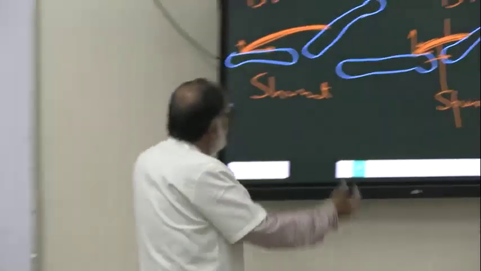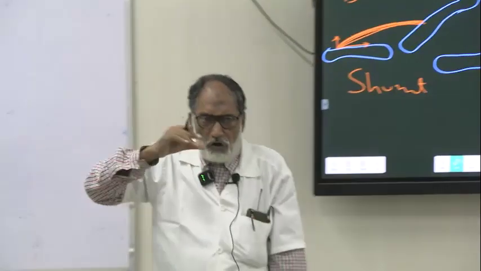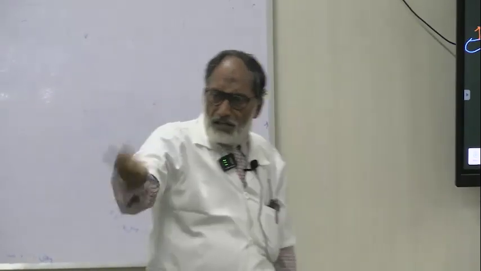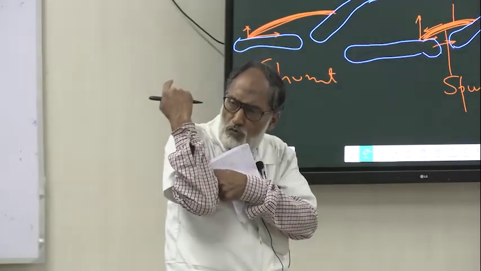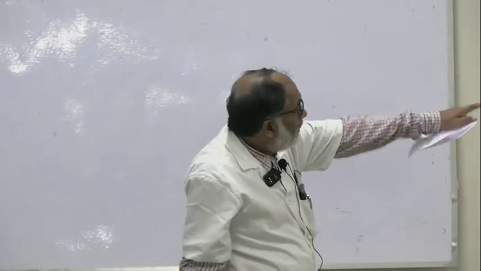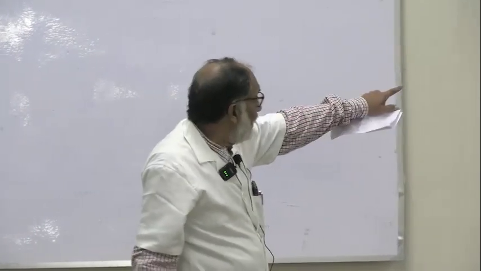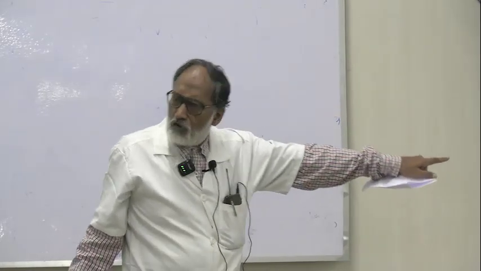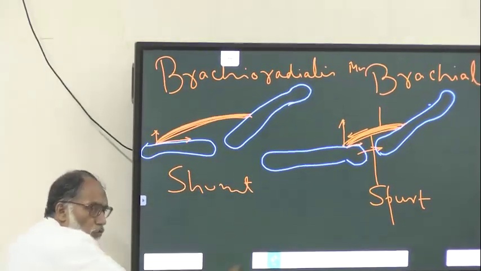This one acts on the joint, and this one is for the movement of the muscle, which you will see near the joint. I said earlier, when one muscle is inserted near the joint, range of movement is more. Whose range of movement is more, that is a spurt muscle. Here brachialis is a spurt muscle, and the range of movement of brachioradialis is less. That's why this component of the vector is less and this component is more.